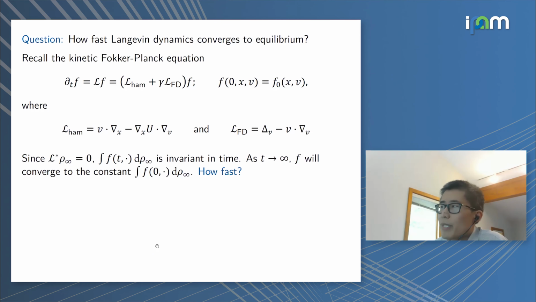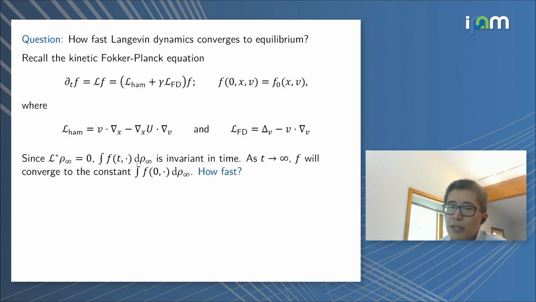this Langevin dynamics converges to equilibrium. And I'm going to ask the question from a PDE perspective. In the PDE language, if we look at this kinetic Fokker-Planck equation, it's very easy to check, because rho infinity is the invariant measure, that the integral of my function f under the time evolution with respect to the invariant measure is a constant in time.